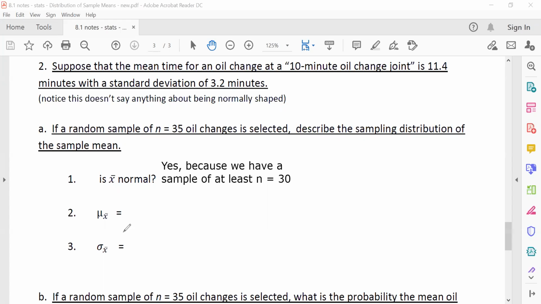Now, mu of X bar, the average of the sample means, which sounds so weird to say, it's going to be the same as the population average, which we said was 11.4. So bada bing, bada boom. That one, no computation necessary.